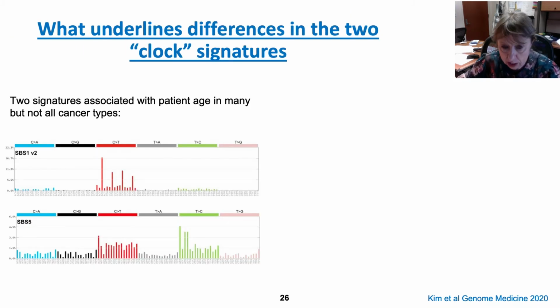So on the biological side, the thing that we really hope to understand and to get some insight about was the differences between the so-called clock-like signatures, signature 1 and signature 5. Those two signatures are known to be associated with patient age in many, but not all cancer types, and yet they're not correlated with each other.